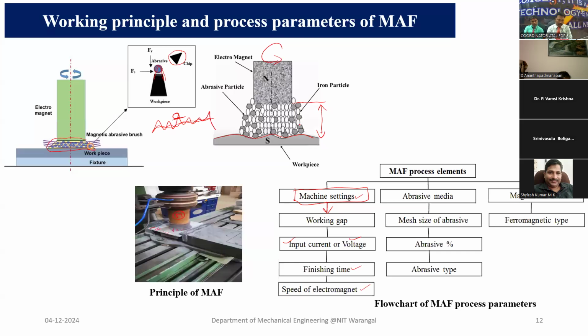Similarly, we can change parameters of the abrasive media also. In the abrasive media, we can change the type of abrasive particle, either SiC or Al2O3, and the particle size, that is the mesh size of the abrasive particle, and also the percentage of abrasives.